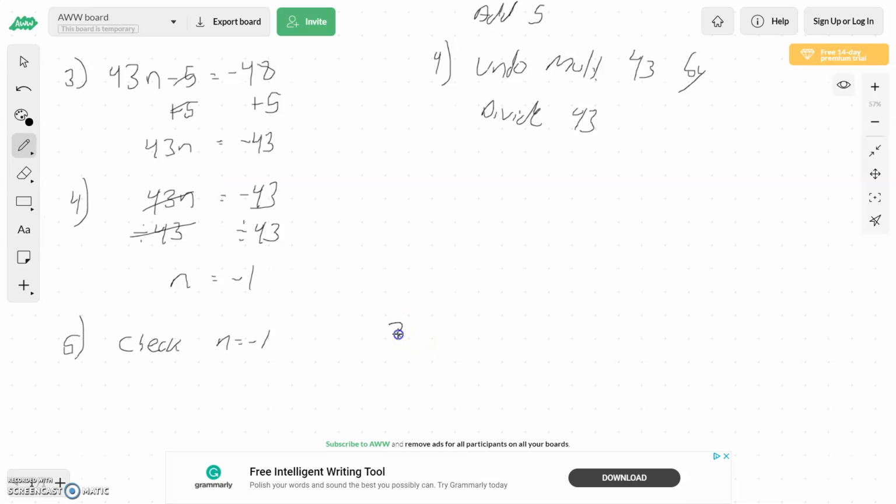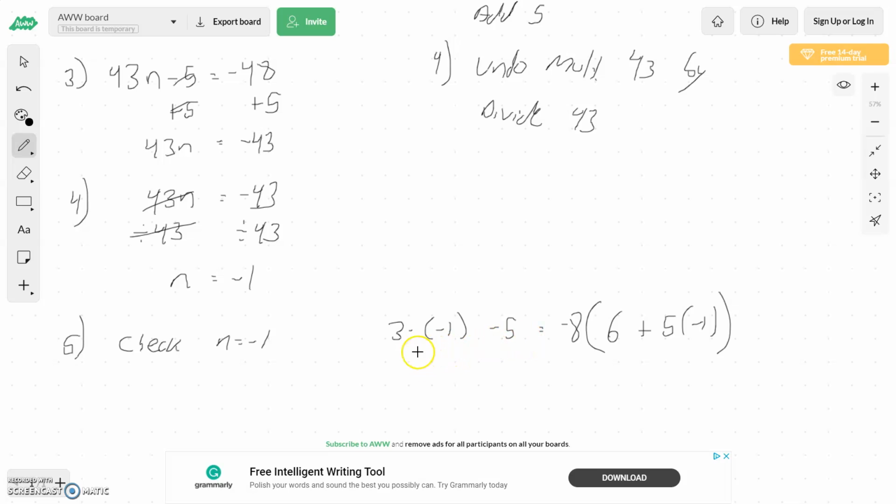So instead of 3n minus 5, now it's 3 times -1 minus 5, equals -8 distribute onto 6 plus 5n. Oops, not n. 6 plus 5 times -1.